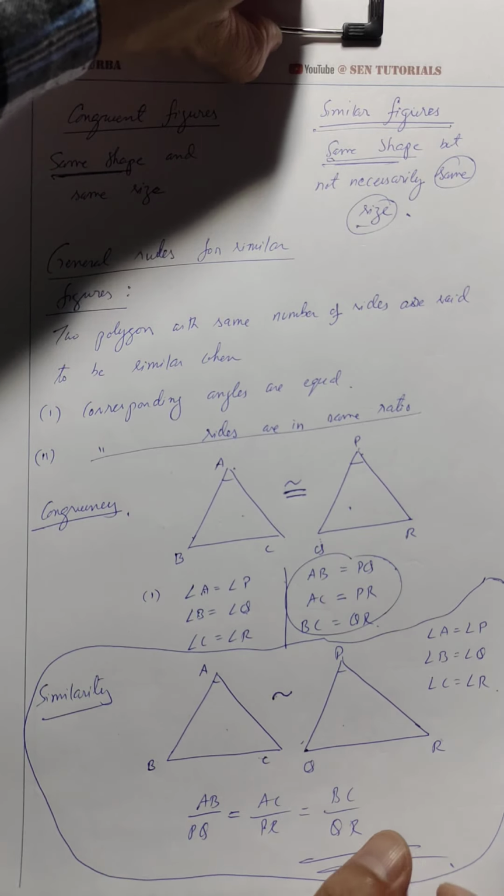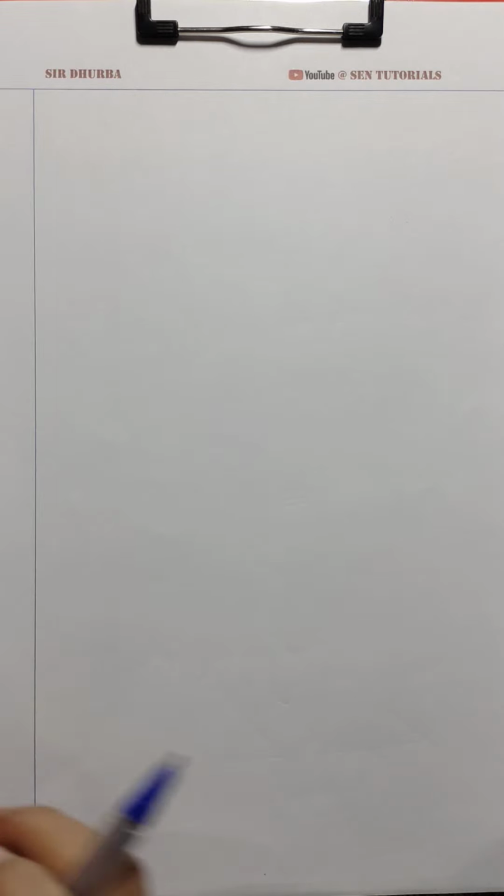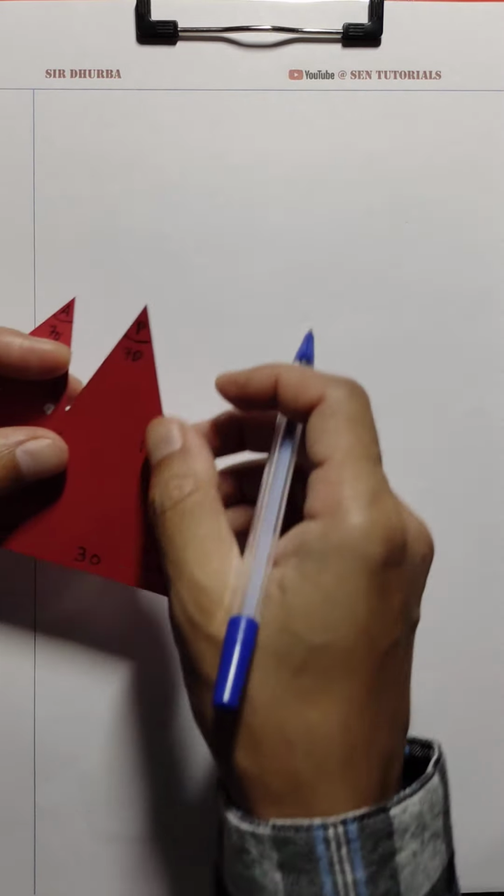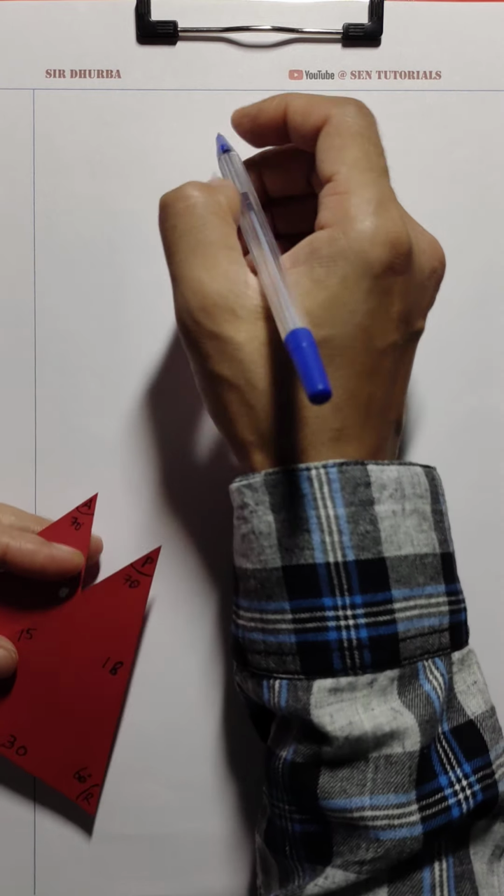All right. Now let me give you one example. Let's say two triangles. Let me just draw the two triangles like this.